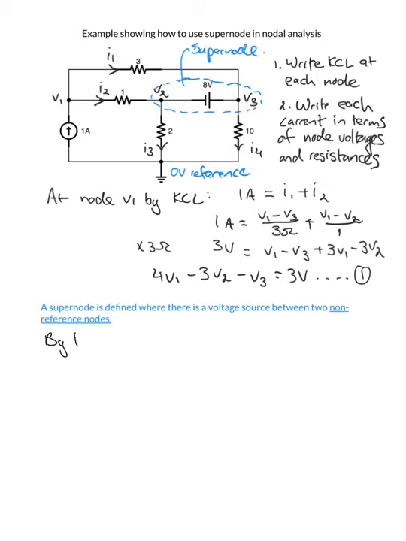So by Kirchhoff's current law at the supernode, if you look at the supernode, you can see we've got I2 flowing in, we've got I1 flowing into the supernode, and we've got I3 and I4 flowing out.